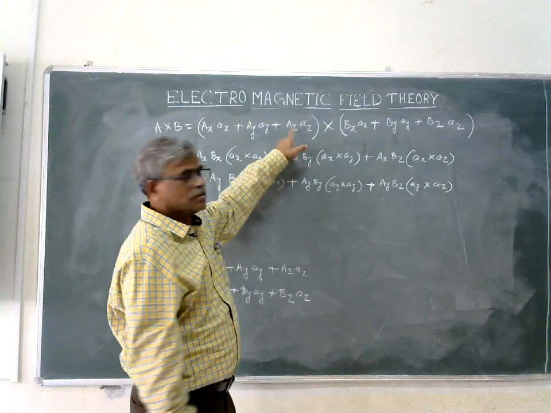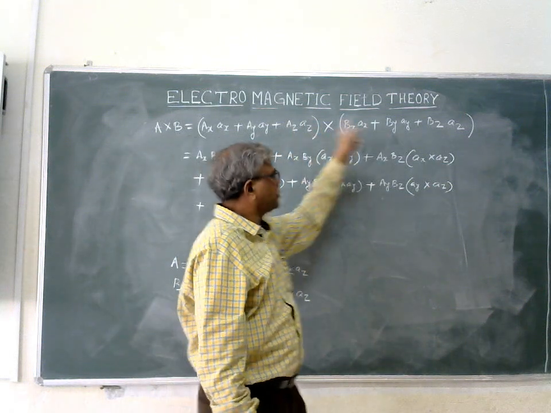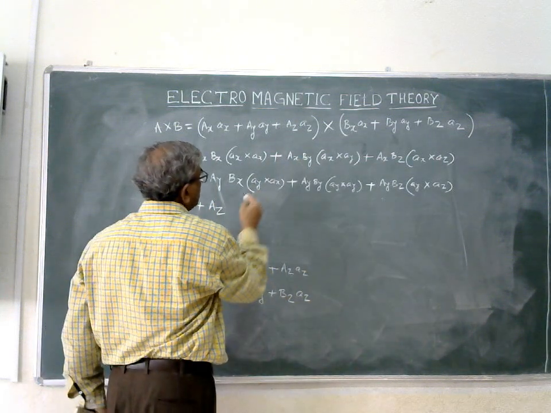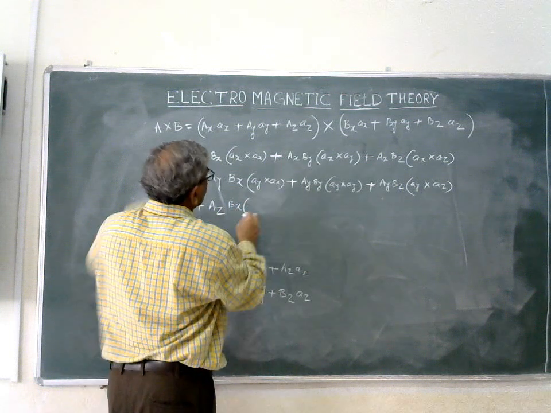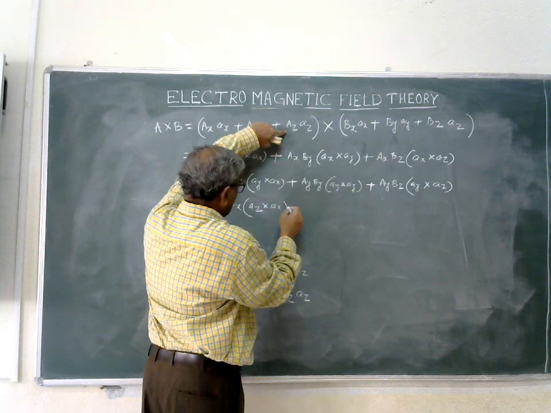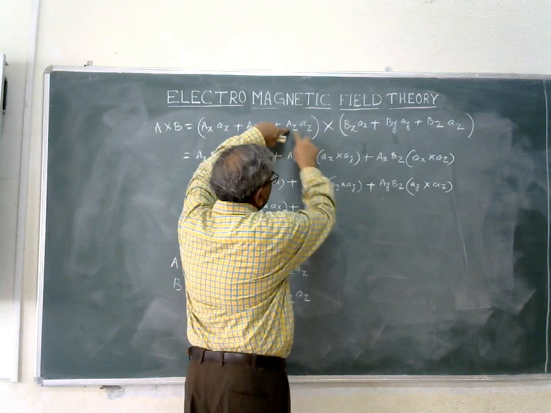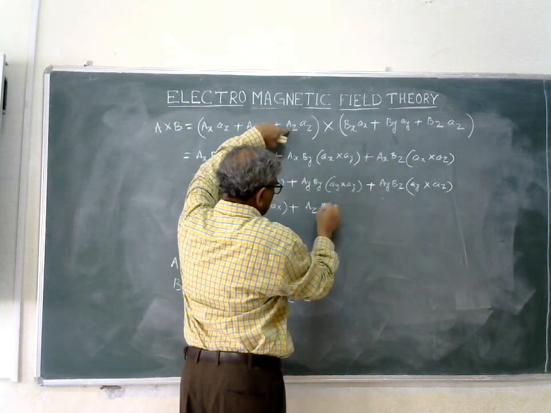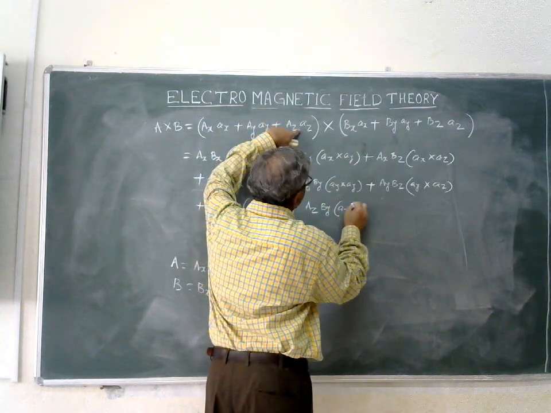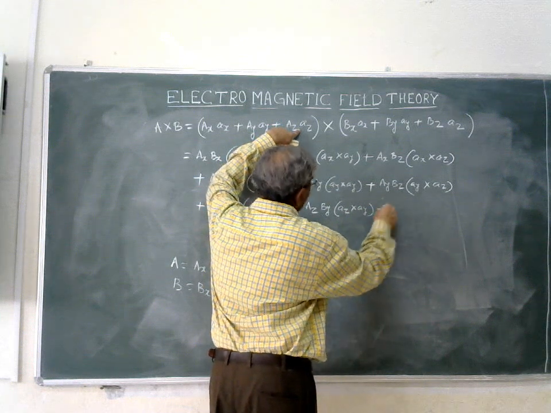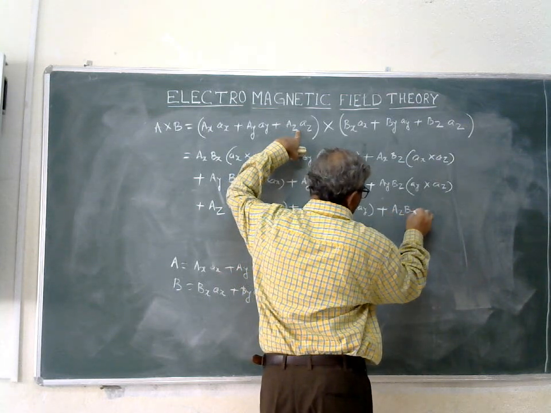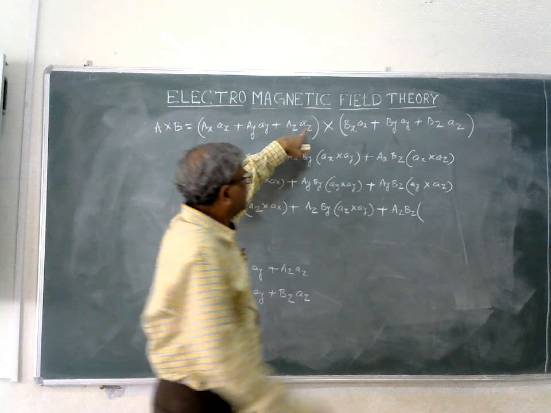Now the third term: Az Bx into az cross ax, plus Az By into az cross ay, plus Az Bz into az cross az.